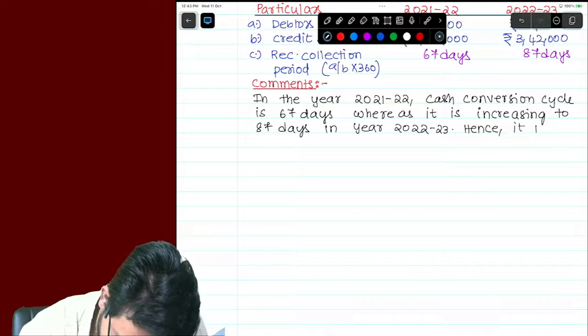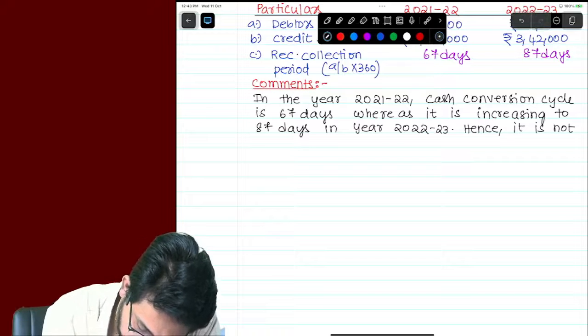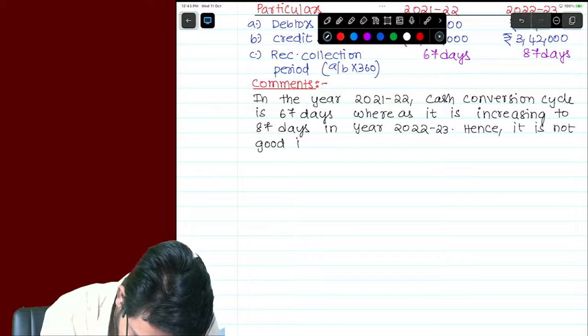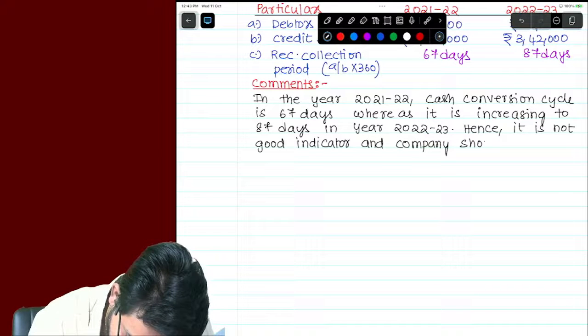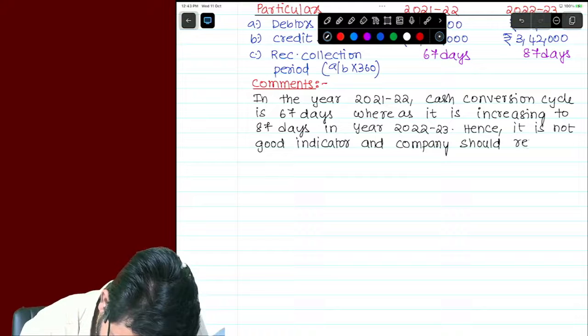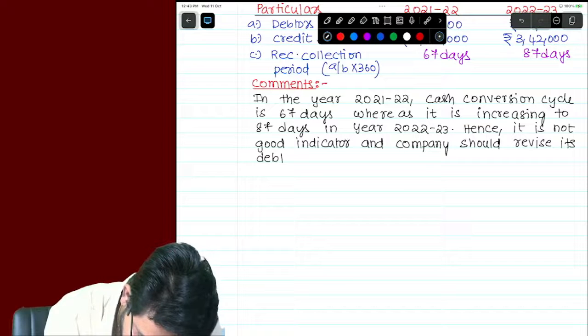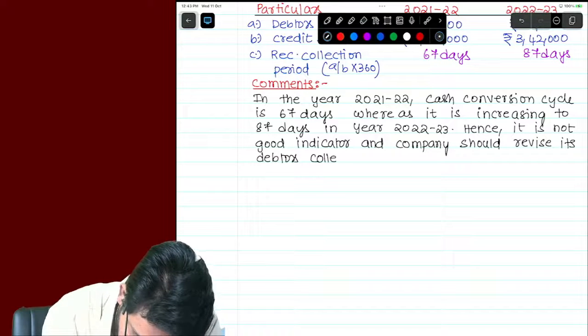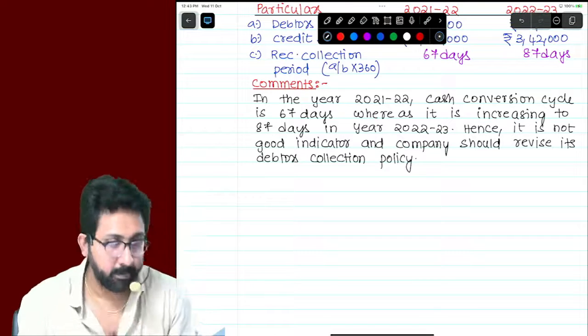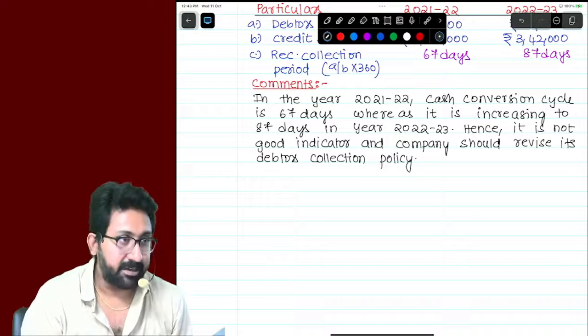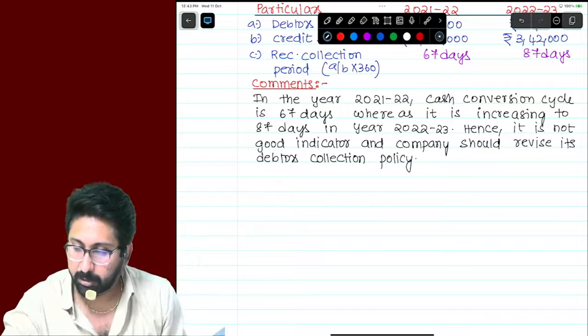Hence, it is not a good indicator and the company should revise its debtors collection policy.